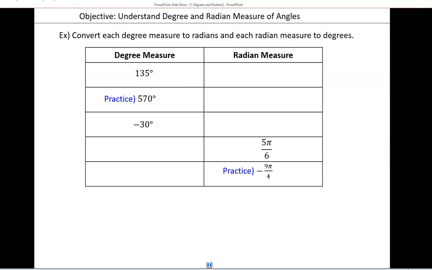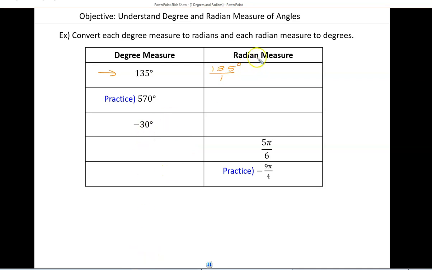All right, so let's take a look at some of these problems. So we'll do some together, and then I'll give you a chance to try some on your own. So we're going to look at this first one of 135 degrees, and we're going to convert it to its radian measure. So 135 is an integer. So 135 degrees, like 135, is considered to have a denominator of 1.